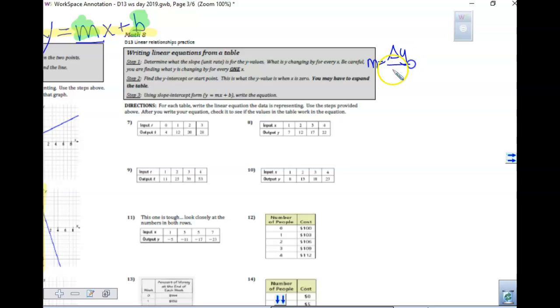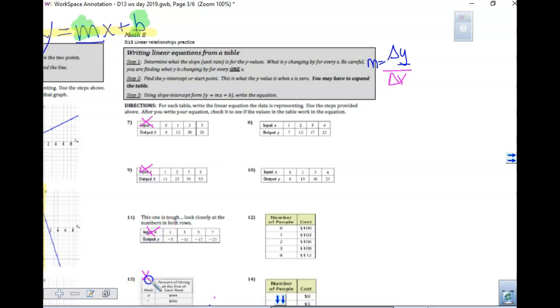Be careful, you are finding what y is changing by for every 1 x. Keep going. Step 2. Find the y-intercept or start point. This is what the y value is when x is 0. You may have to expand the table. Step 3. Using slope-intercept form, y equals mx plus b, write the equation.